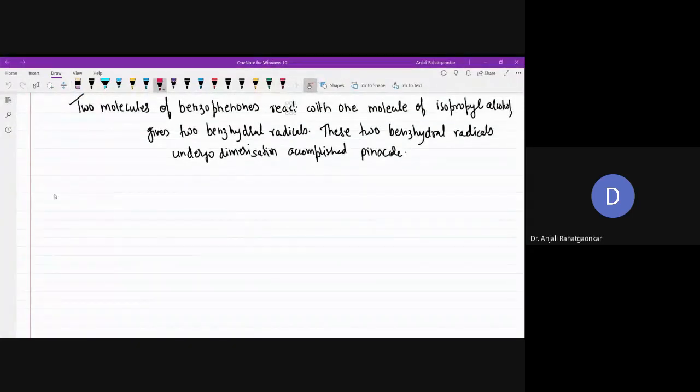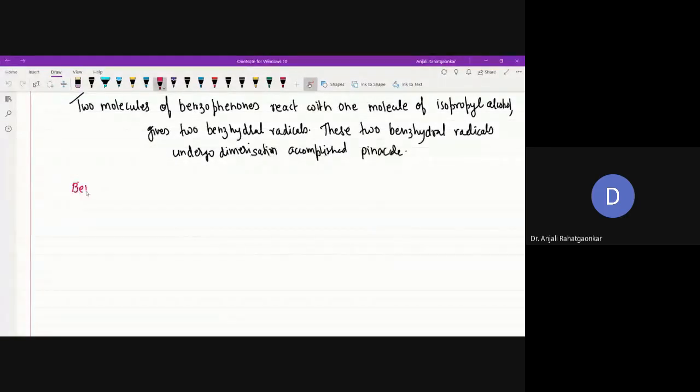the benzophenone. Now, benzophenone, when it is unsubstituted, you can see the mechanism goes very smoothly in the forward direction. The mechanism undergoes very smoothly in the forward direction.